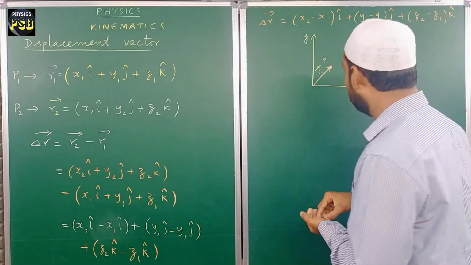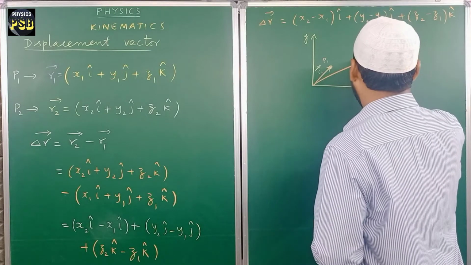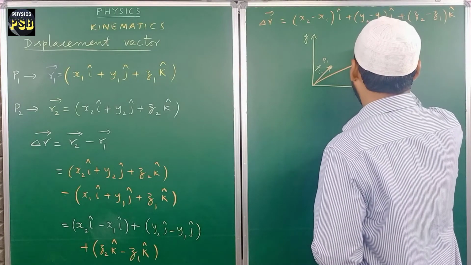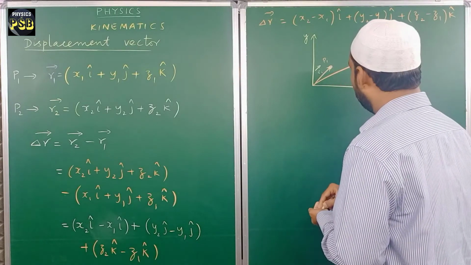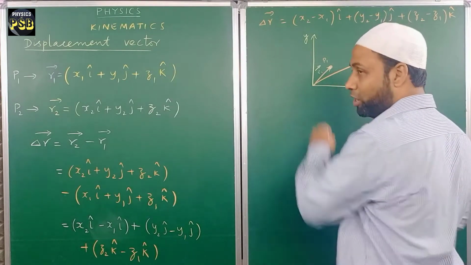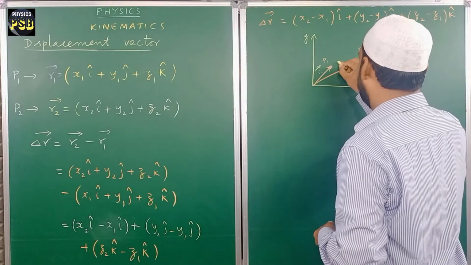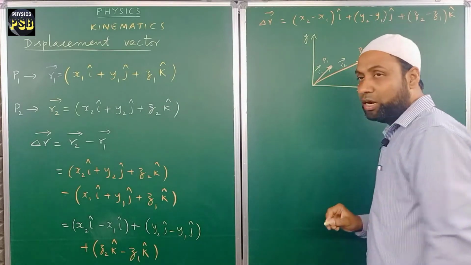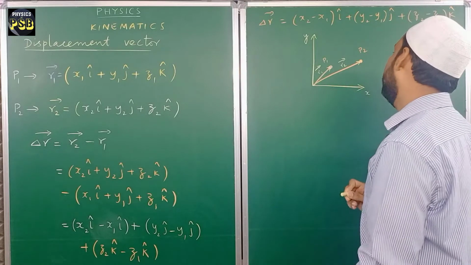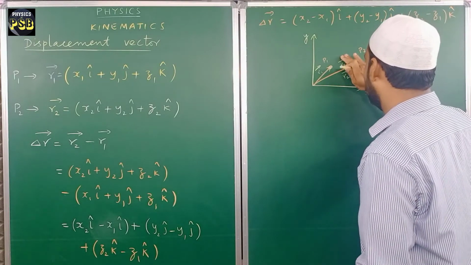Then I take another position, that is P2. Here this line which connects to the origin gives us the position vector of the object located at point P2. It is R2 vector.